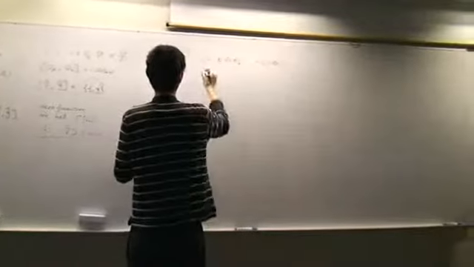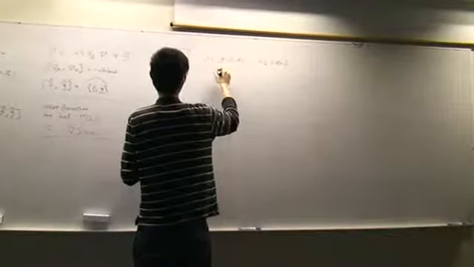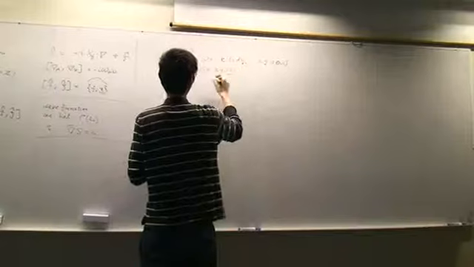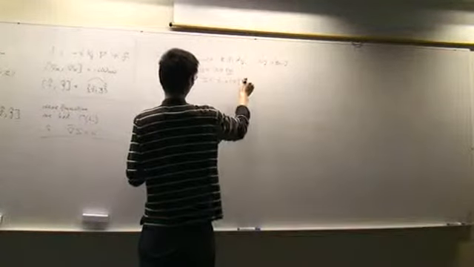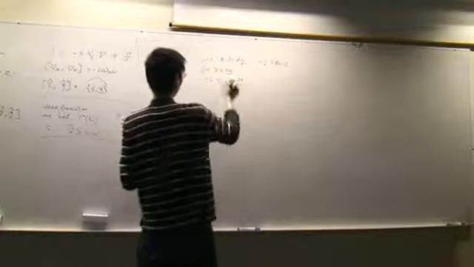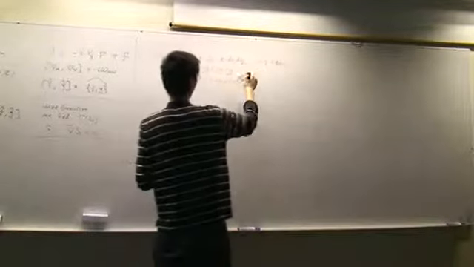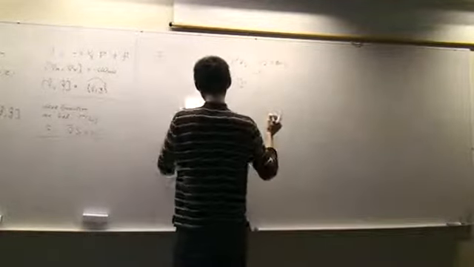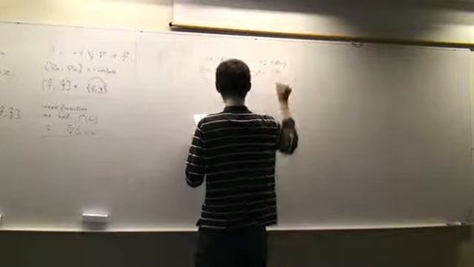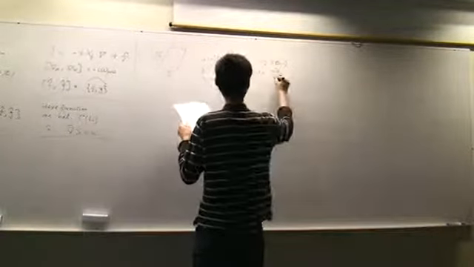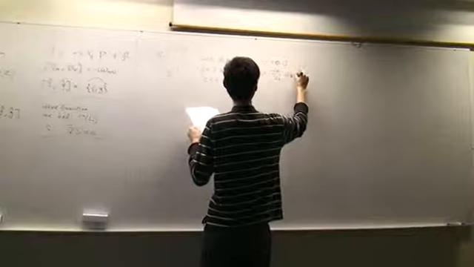If I define the complex variable z as x plus tau y, where tau is equal to tau 1 plus i tau 2, of course tau 2 will have to be greater than 0, then omega can also be written as minus i k over 2 tau 2 dz wedge dz bar.